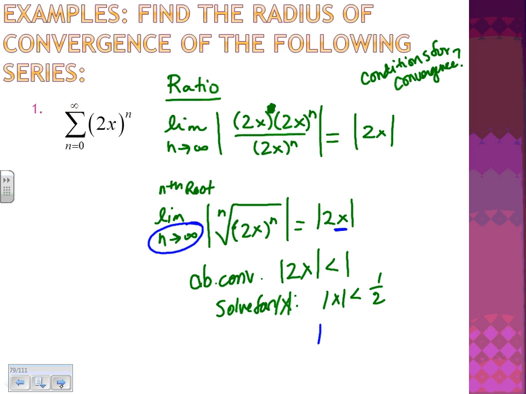So what is your radius of convergence now? What is it? Your radius of convergence is 1/2. Where are you centered?